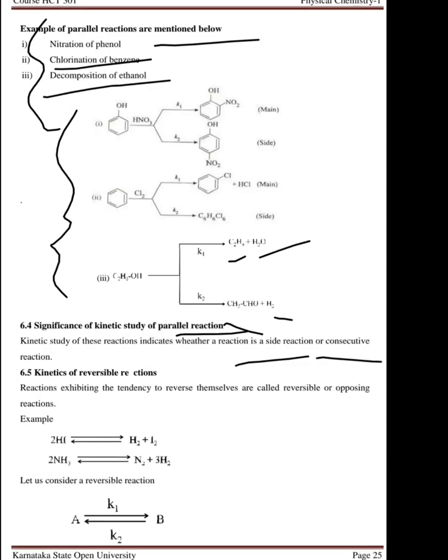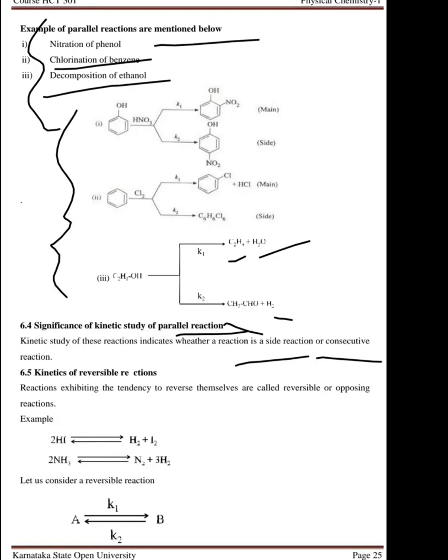Here you should know what a consecutive reaction is. A consecutive reaction is nothing but a reaction in which the reactant forms an intermediate, and further the intermediate is converted into the product. So there will be multiple steps. That multi-step reaction is known as the consecutive reaction.